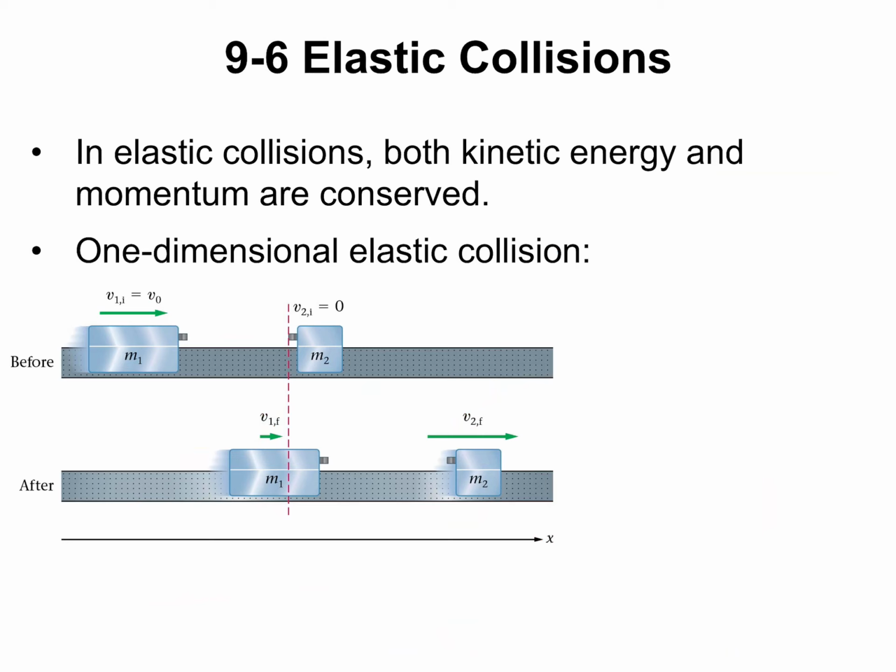Now let's talk about elastic collision. What is an elastic collision? In an elastic collision, other than momentum conservation, you have energy conservation. Here we talk about kinetic energy during the collision.